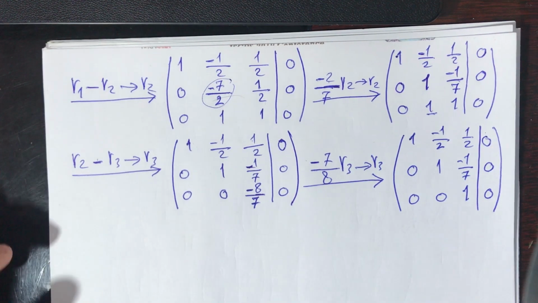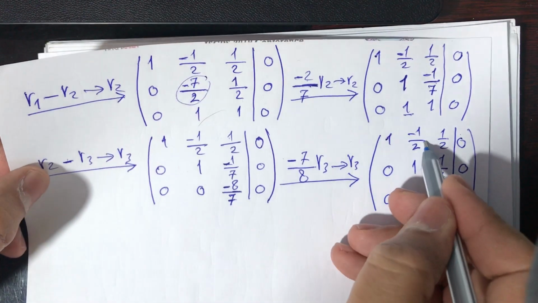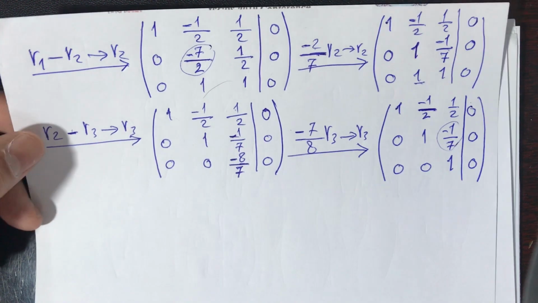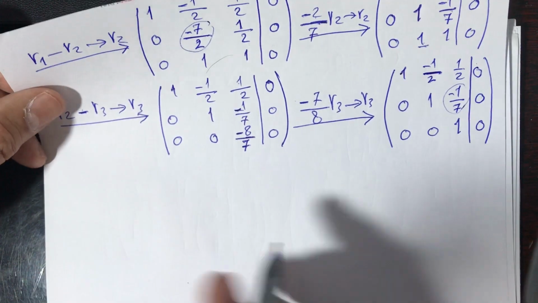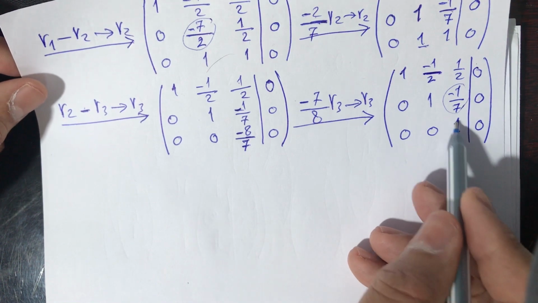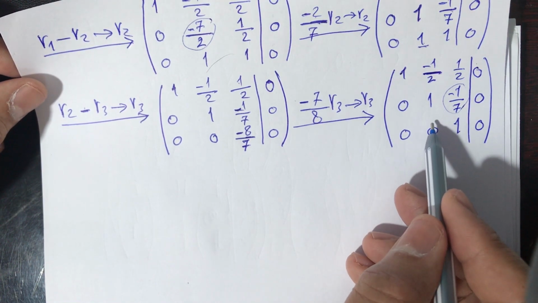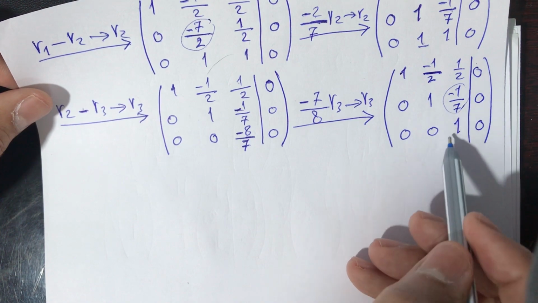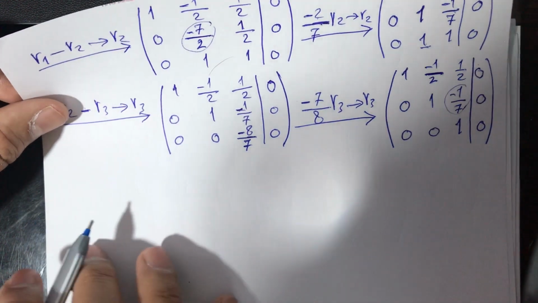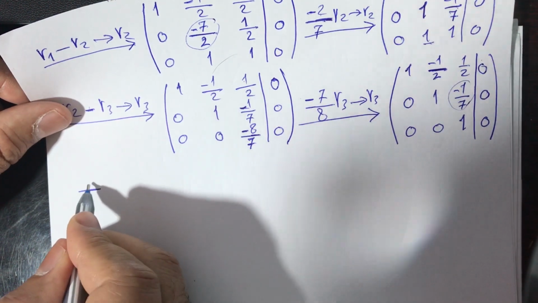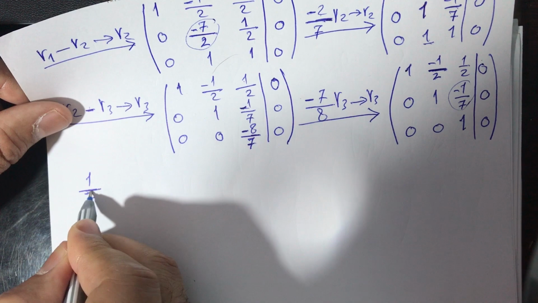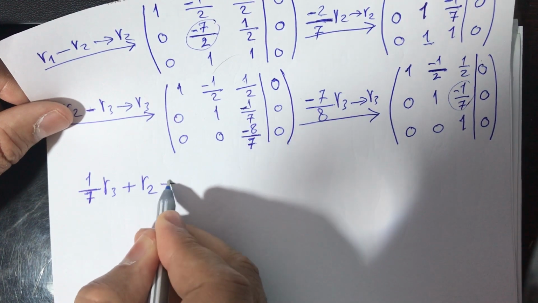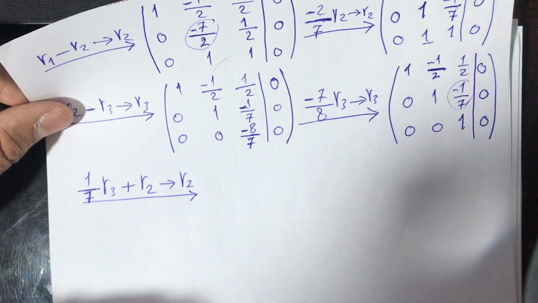And now try to make this 0. Multiply by 1 over 7, 1 over 7 R3 plus R2, write in R2.